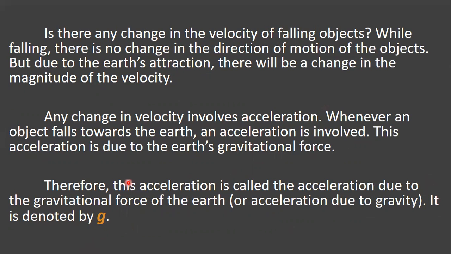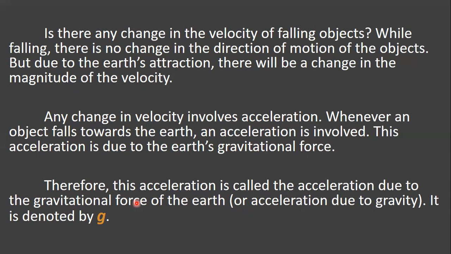See children, whenever an object falls, it moves in the same direction, but due to the Earth's attraction, there will be some change in the size of the velocity. Any change in this velocity involves acceleration.